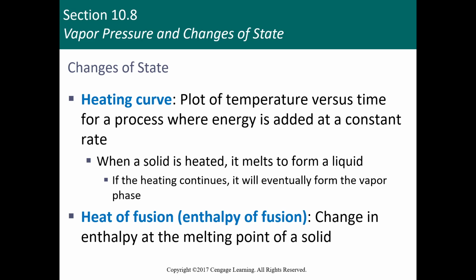So this would be like putting a pot on a burner. When a solid is heated, it will melt to form a liquid. When a liquid is heated, it will evaporate to form a vapor, right? And it has to do one after the other. You can't get a solid jumping to a vapor unless you have sublimation.